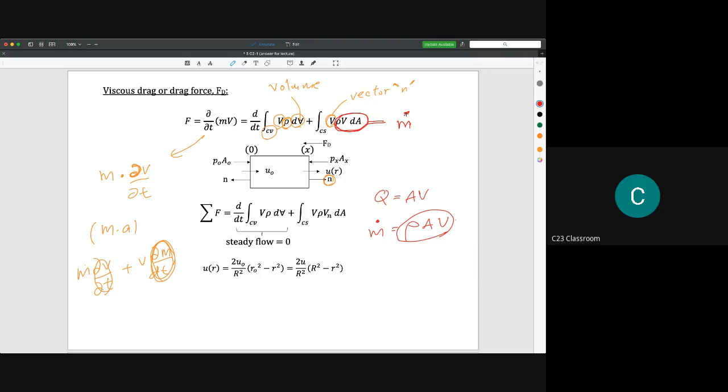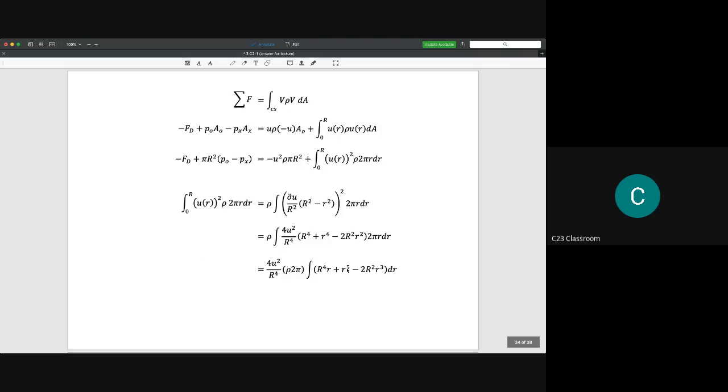The V here is the velocity vector at the point, compared with the direction of n. We could neglect the terms for the control volume, and this is the velocity distribution: U(R) is equal to U over R squared minus r squared. Then we could fill in this equation now.